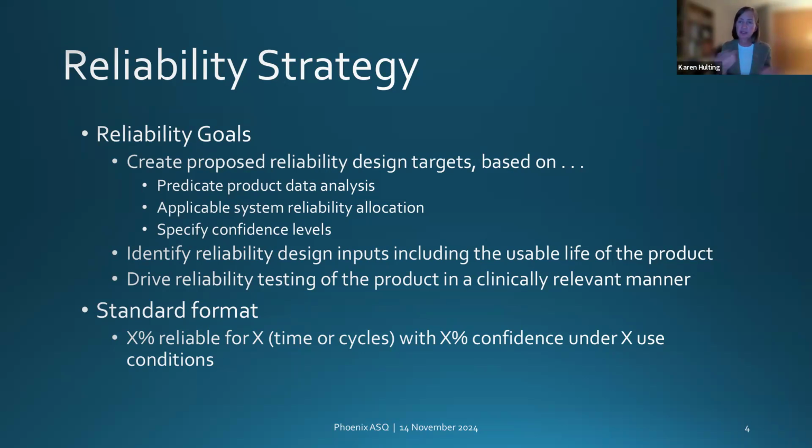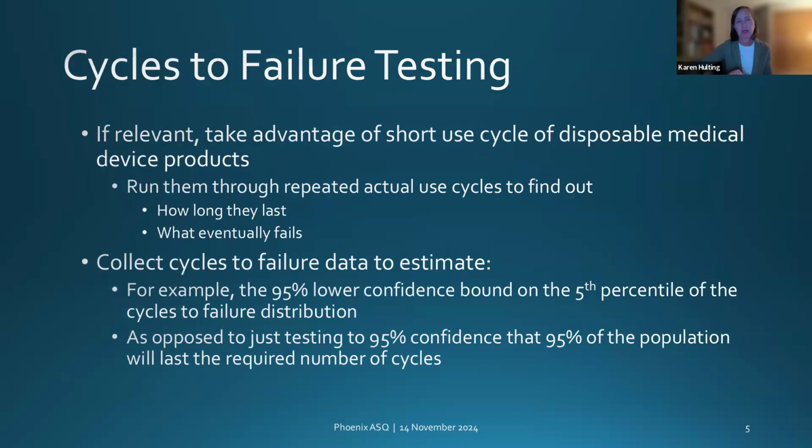With X% confidence, different companies have different standards, maybe 95% confidence, maybe 90% confidence. And then that use condition topic, X holds a lot, right? So specific kinds of use conditions. That's not going to be just one word. That might be pages of use conditions that we need to account for when we do this testing.